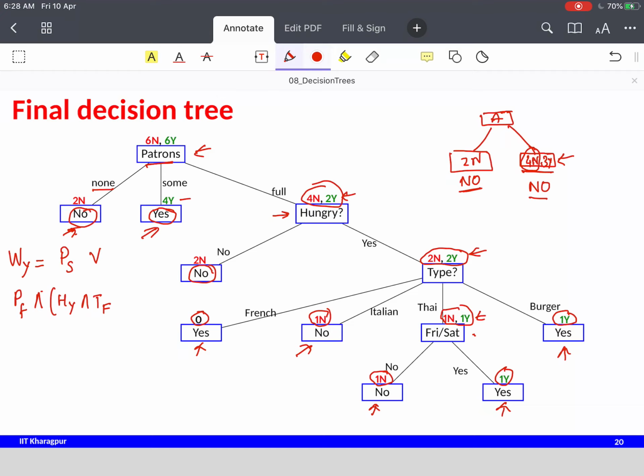Type French can give me a yes value, or I can have hungry yes and type is Thai, or let me write for the burger, logical OR, and I am hungry yes, and it's Friday or Saturday, yes.